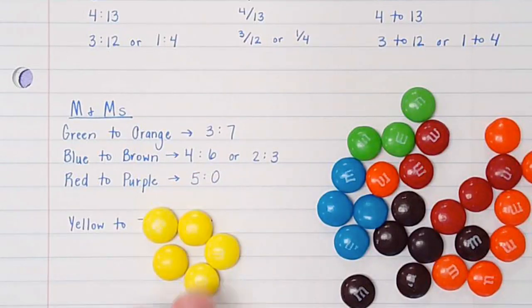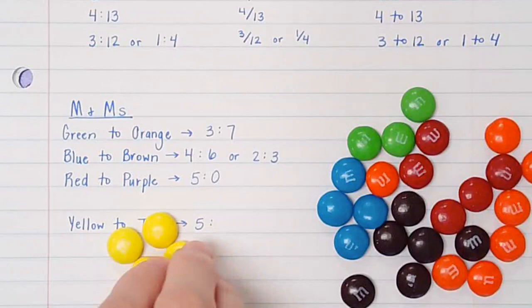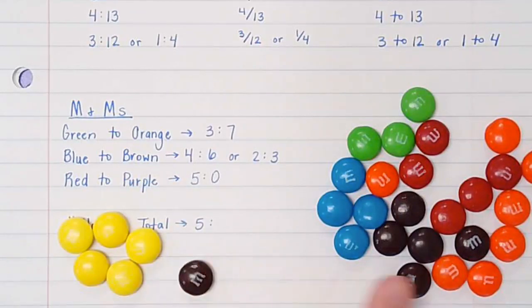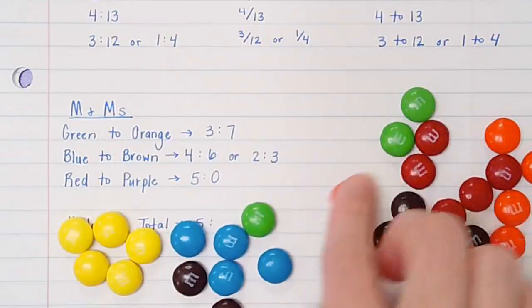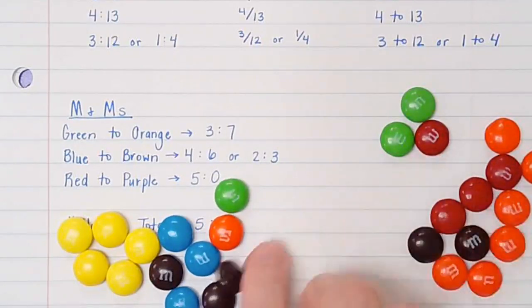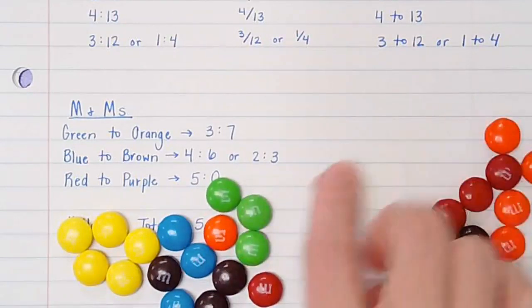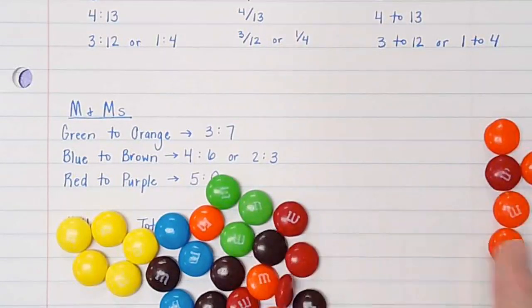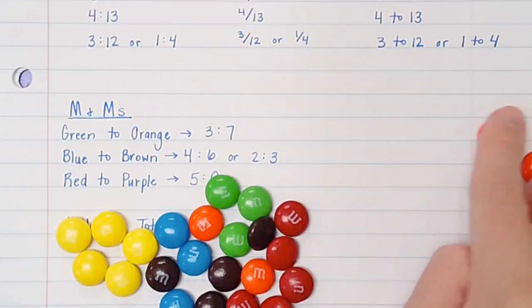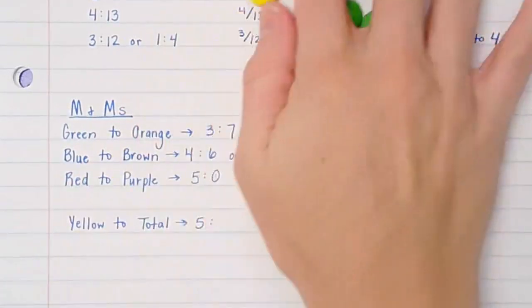So there's my 5, 6, 7, 8, 9, 10, 11, 12, 13, 14, 15, 16, 17, 18, 19, 20, 21, 22, 23, 24, 25, 26, 27, 28, 29, 30. So 30 M&Ms.